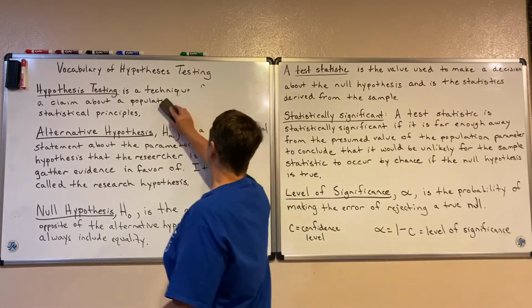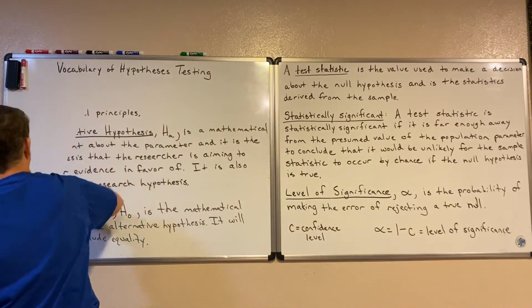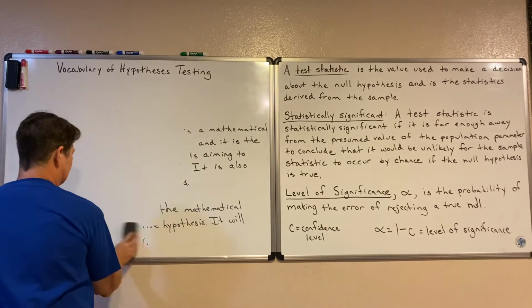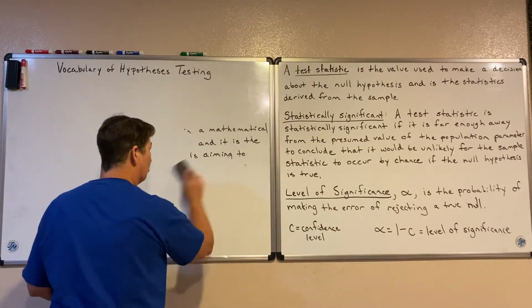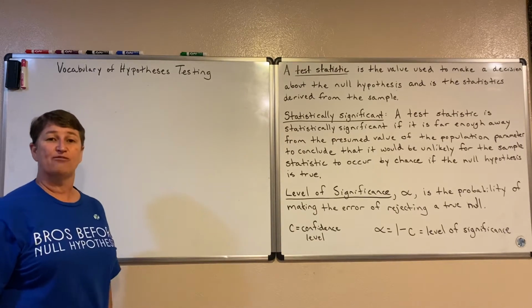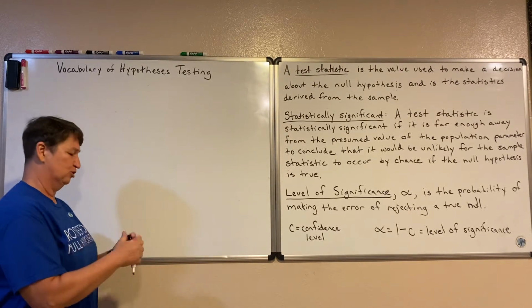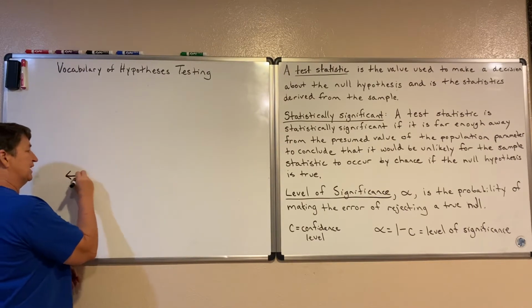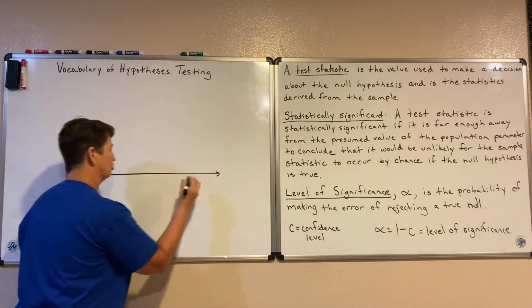Let me draw you a picture and kind of show you what's happening here. When we collect a statistic, a mean or a proportion from a sample, and it's part of that sampling distribution, we know that the sampling distribution has that normal shape to it.